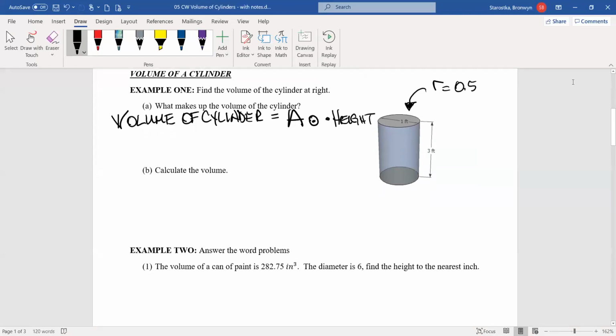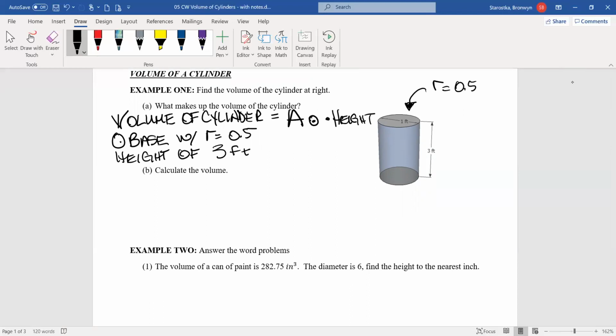All right. We have a circle base with radius equal to 0.5, and we have a height of 3 feet. So here we go.